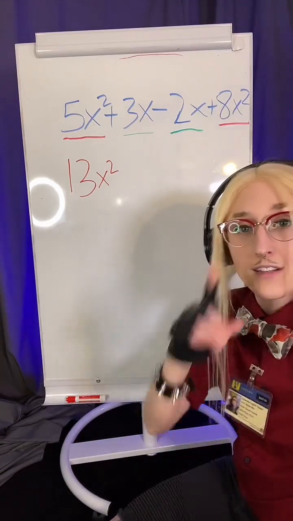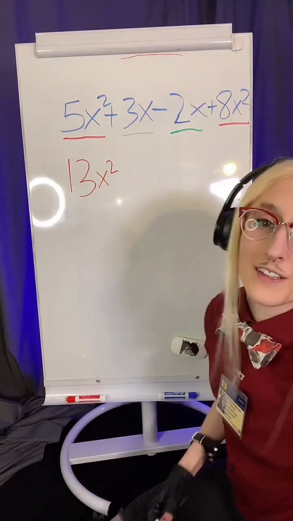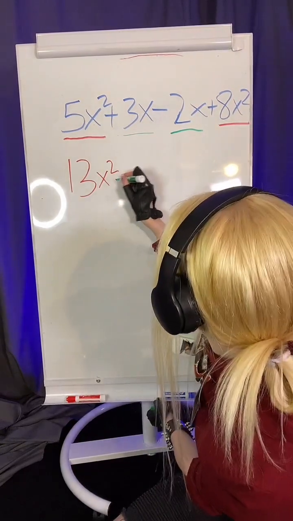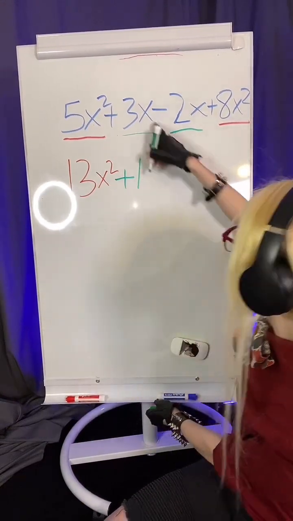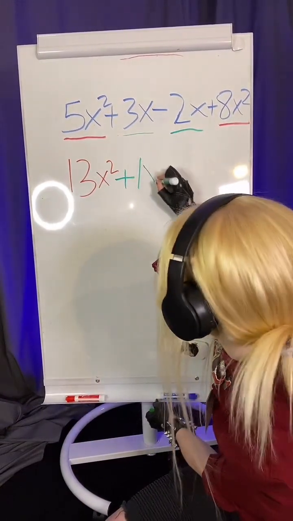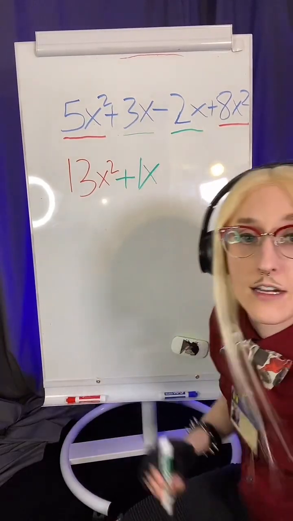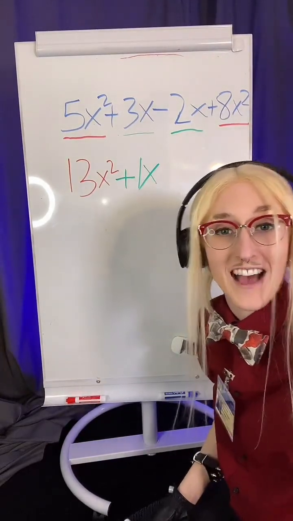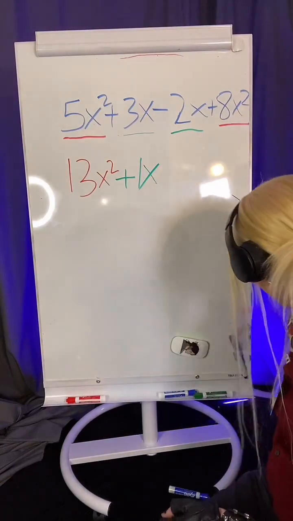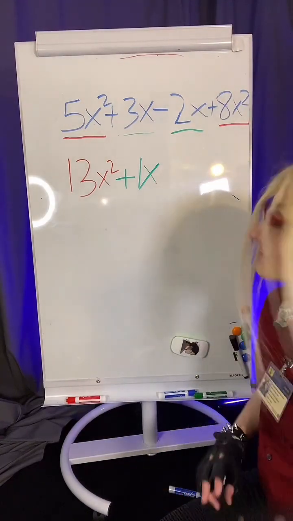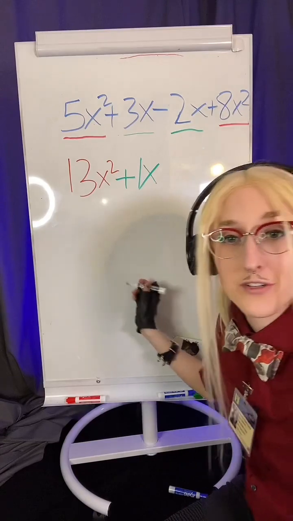Nice, it's 1. 3 minus 2 is 1. So since it's a positive, we'll put plus 1. And these were in terms of x, so they just can't get rid of their x. Sometimes we struggle with that. And that's our final answer. Nice. That wasn't too bad.